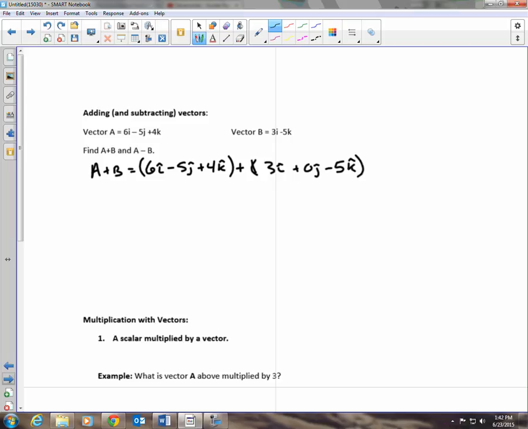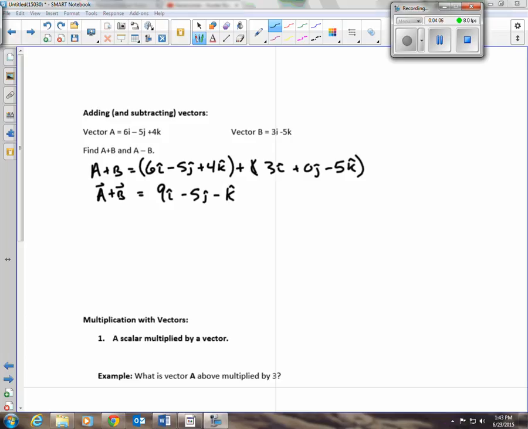I have 6i plus 3i is equal to 9i. And then minus 5j and 0j is minus 5j. And then 4k and minus 5k is minus k. So that's going to give me vector A plus vector B. So that's pretty straightforward.